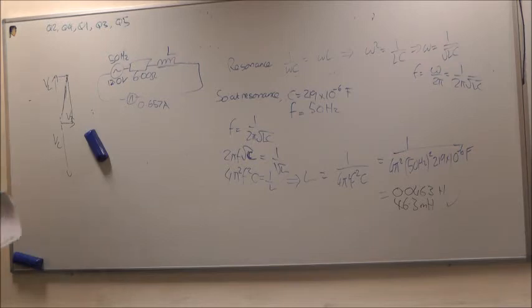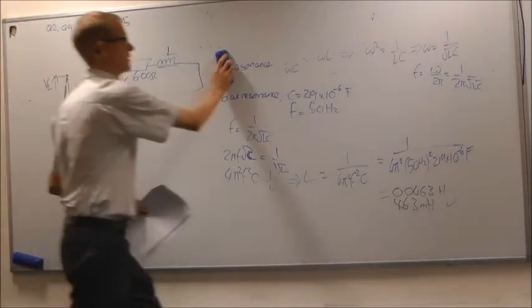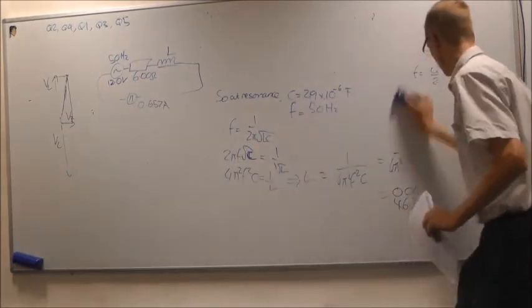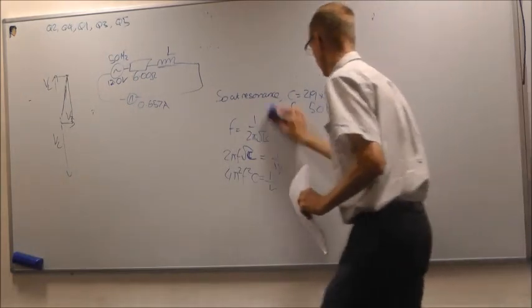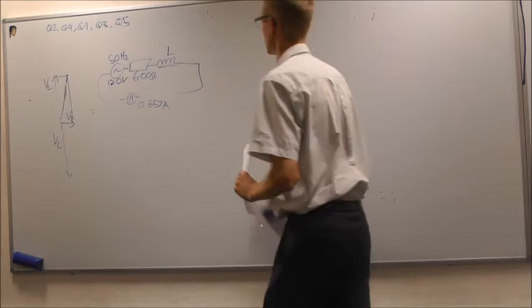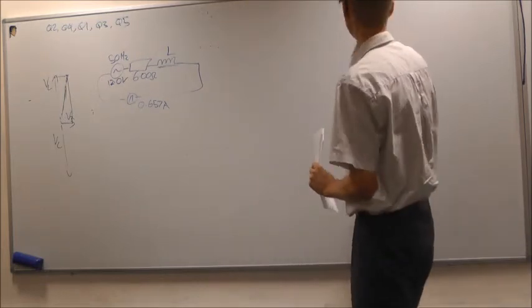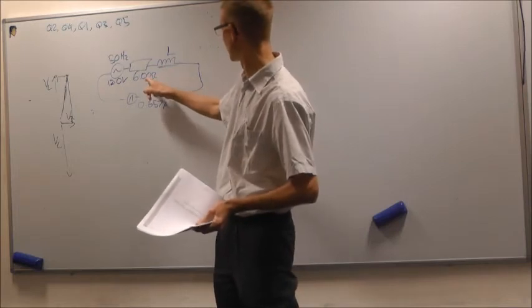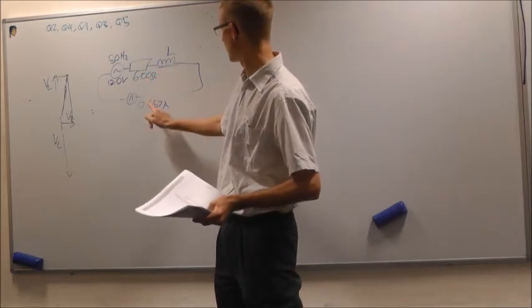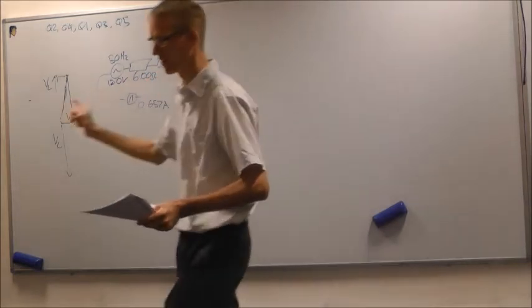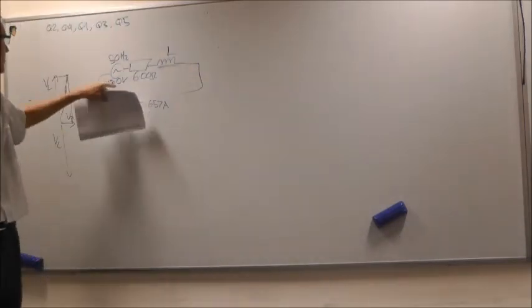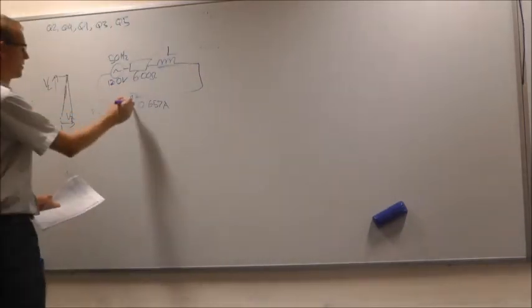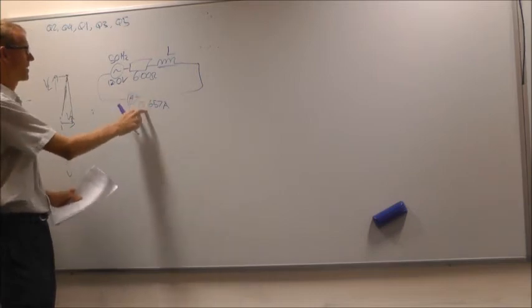So how would we go about doing that? Now, on the face of it, we know everything except L. We know the frequency, we know the voltage, we know that resistance, we know the current.